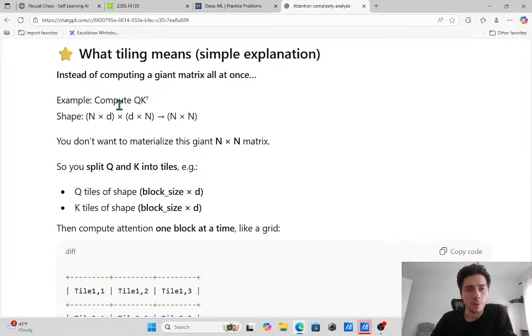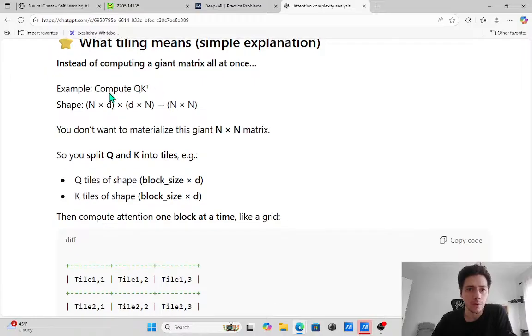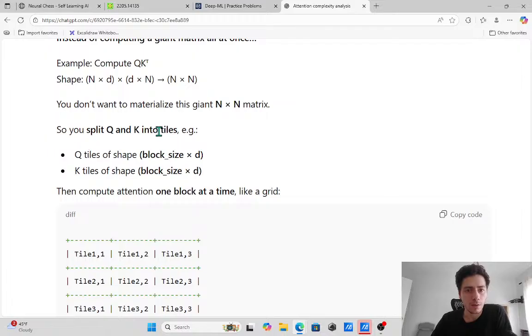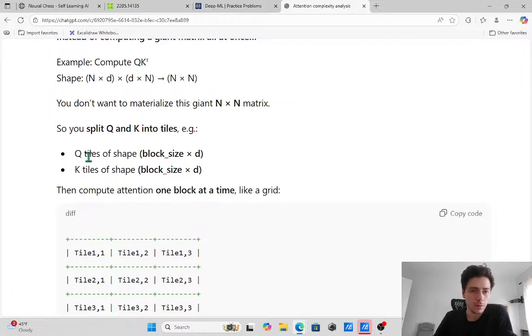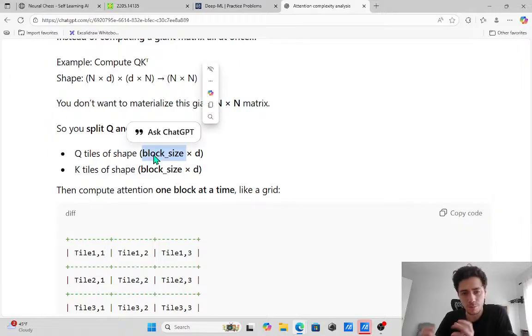So we have an example compute. Okay, we know this is the crux of the attention, what it's actually doing. So you split them into tiles, but how would that actually help? Q tiles of shape block size, so I'm assuming this is the tile size.